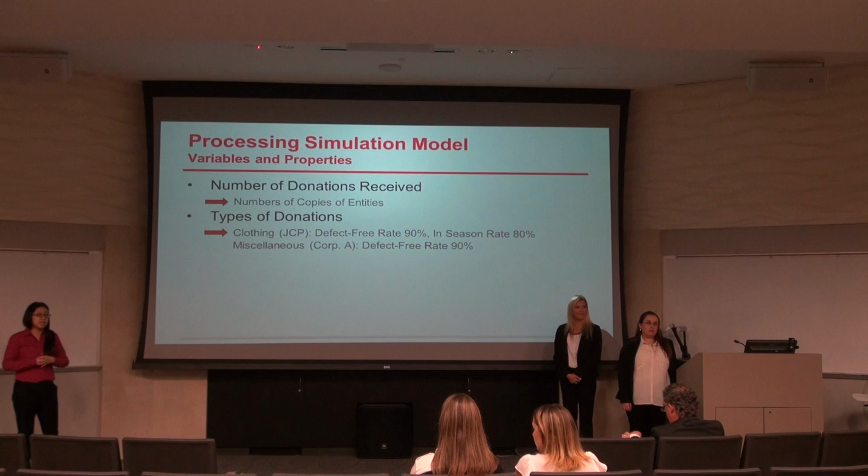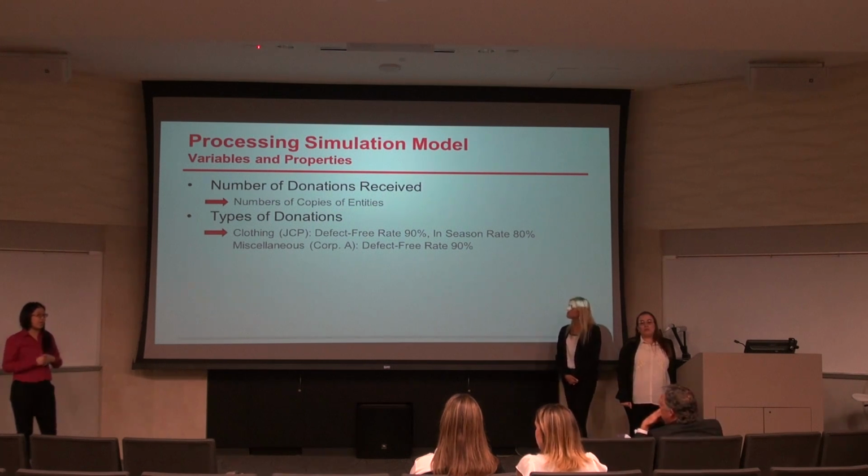So for the JCPenney one, we call it clothing type. Then we say the clothing is 90% defect free and 8% in season. So if it has any defect or if it's out of season, we will have another time delay for that. And then for Corporation A, we say that's miscellaneous boxes, and it's also 90% defect free.